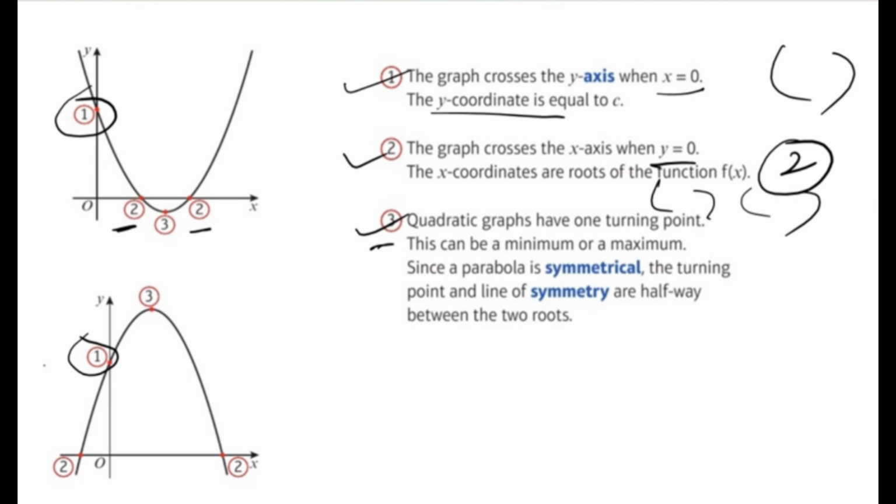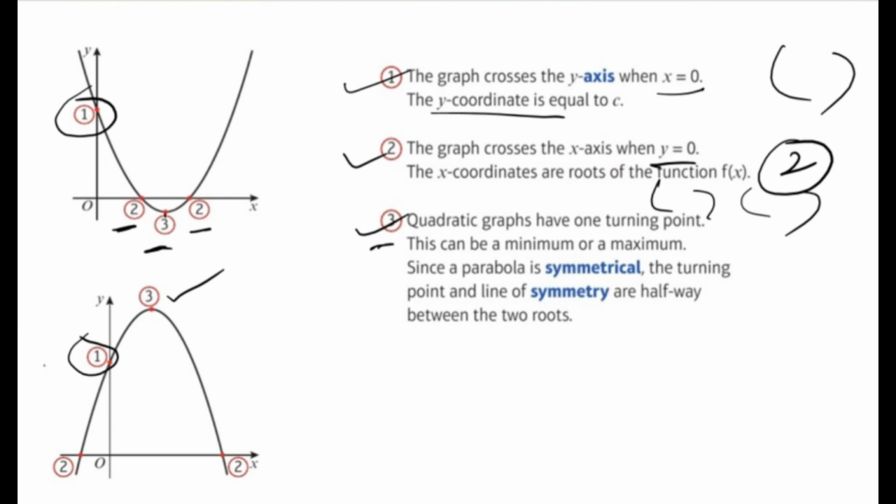And third, and very important, in these two types of graph, for this graph, our turning point is a minimum. And for this kind of graph, our turning point is a maximum. And to find this turning point, we have to use the completing the square method that we did in the last topic.